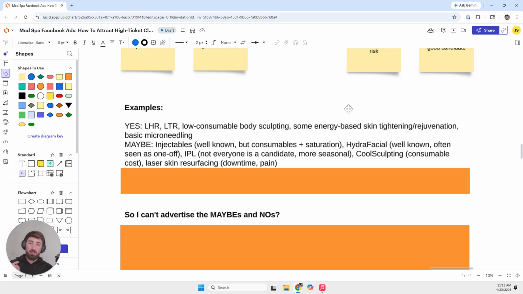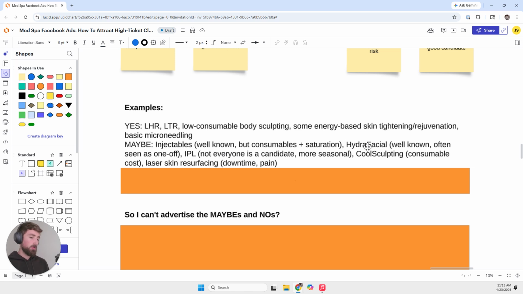Basically, we see the Botox campaign itself almost as the gateway drug, so to speak. It's just to get people in the door so that you can have the conversation, and then from there you can show the value and the benefits of coming on a more consistent basis, or potentially getting other treatments that would be better suited for what they're looking to do. And so injectables can work, but there's a little bit of nuance there.